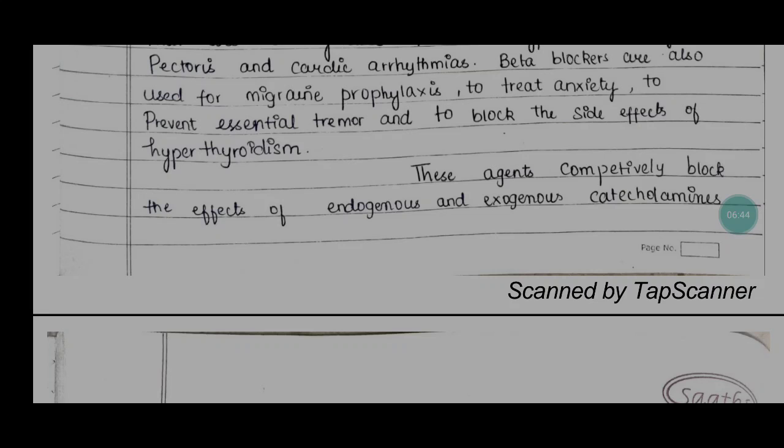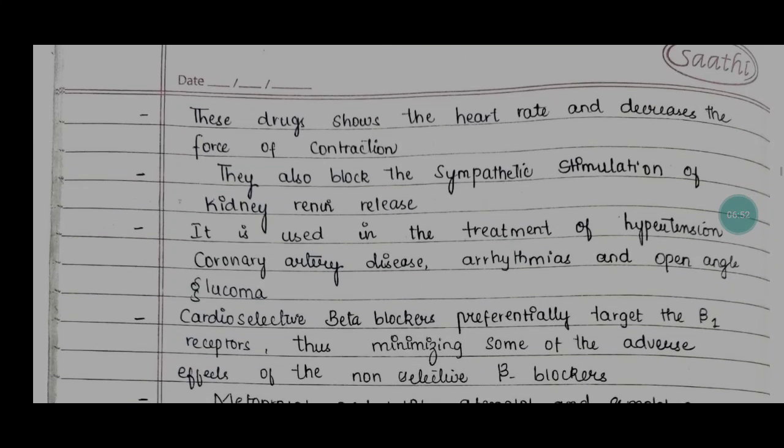These agents completely block the effect of endogenous and also exogenous catecholamines. These drugs slow the heart rate and decrease the force of contraction. They also block the sympathetic stimulation of kidney renin release, and are used in the treatment of hypertension, coronary artery disease, arrhythmias, and open angle glaucoma.